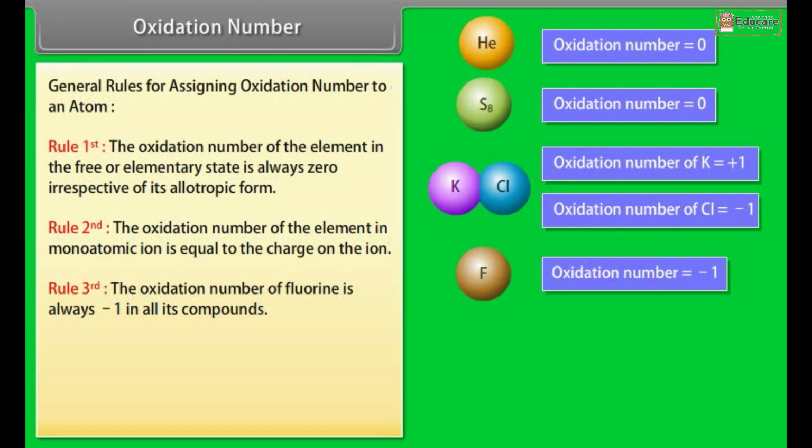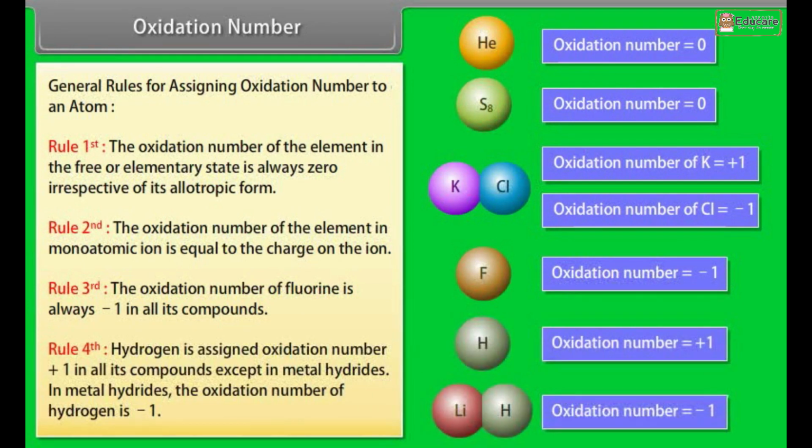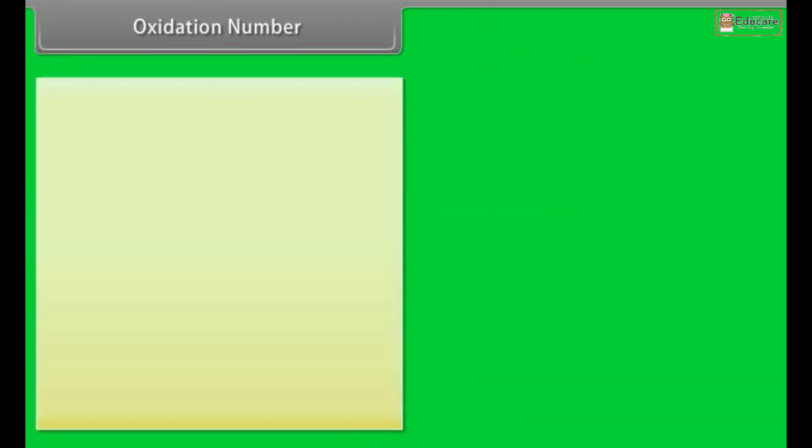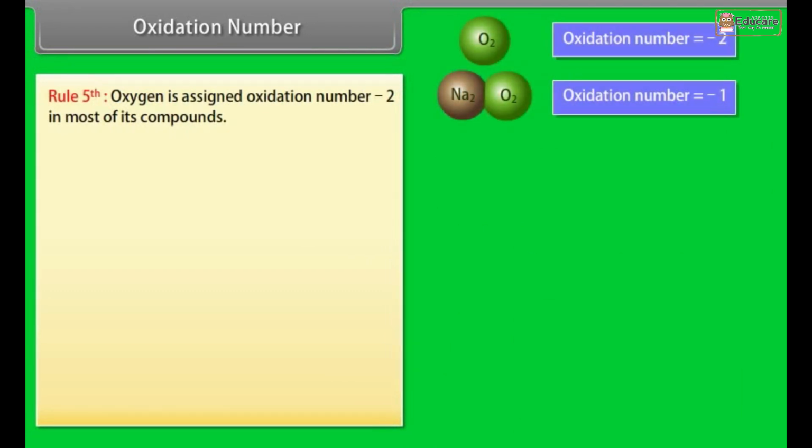The oxidation number of fluorine is always -1 in all its compounds. Rule fourth. Hydrogen is assigned oxidation number +1 in all its compounds except in metal hydrides. In metal hydrides, the oxidation number of hydrogen is -1. Rule fifth. Oxygen is assigned oxidation number -2 in most of its compounds.